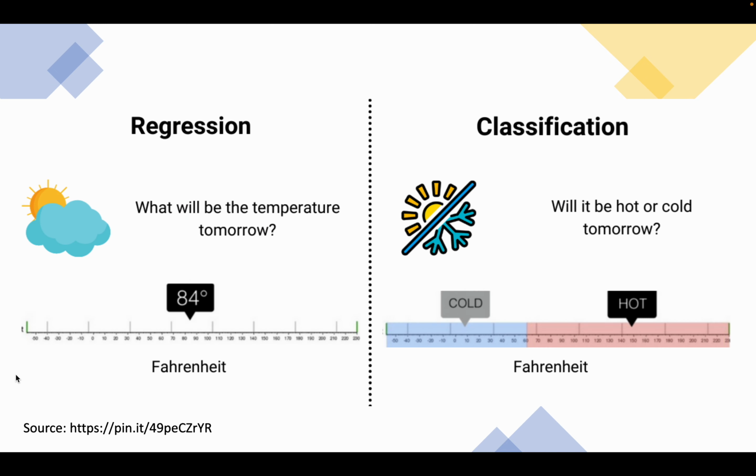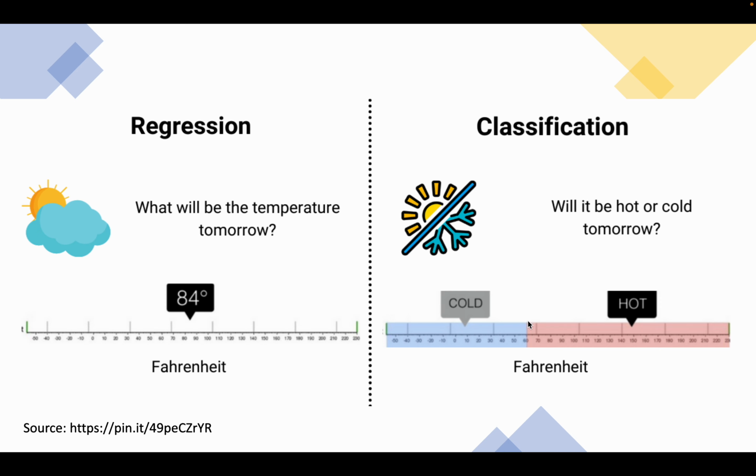Let's see another example of weather temperature. In regression, we can define our question as what will be the temperature tomorrow. So the answer can be any number on this line, maybe from minus 10 degrees Celsius to 40 degrees Celsius. In a classification problem, we can define our question as will it be hot or cold tomorrow?